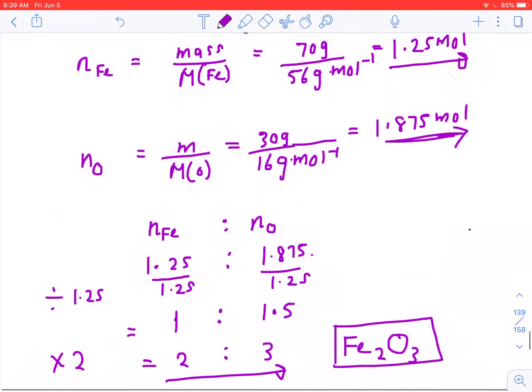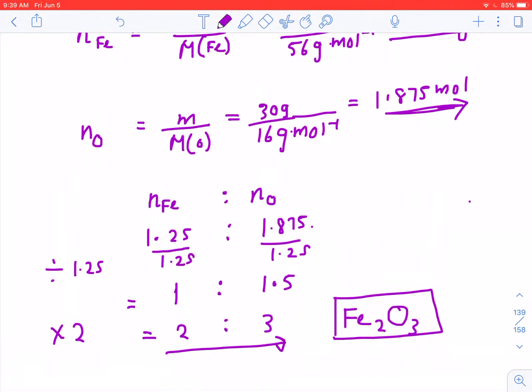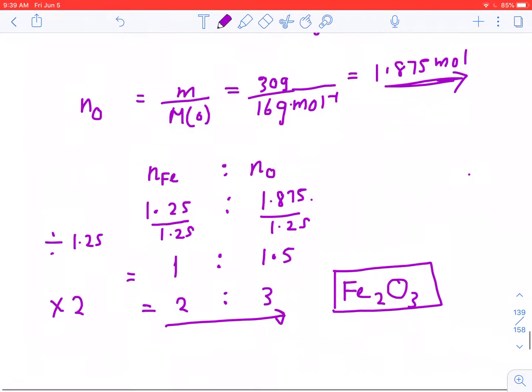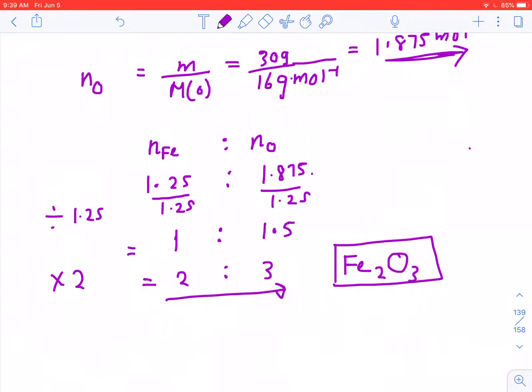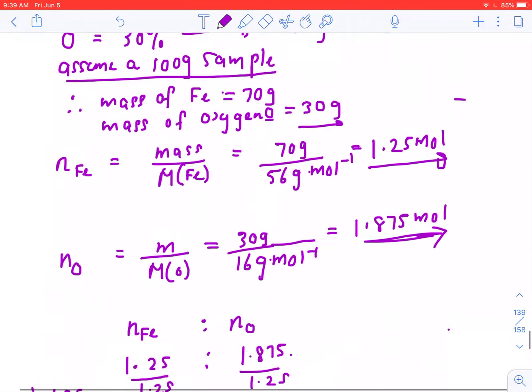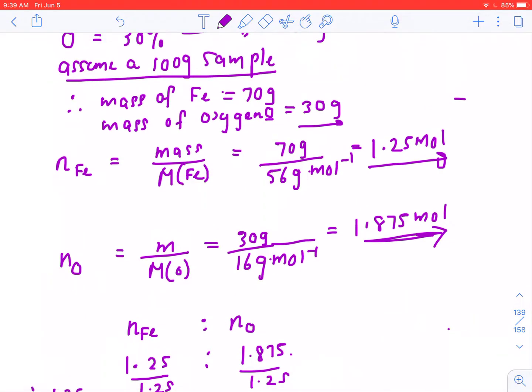You could even, if you wanted to, have done this in fraction form. 1.25 is the same as 1 1/4, which is equal to 5/4.